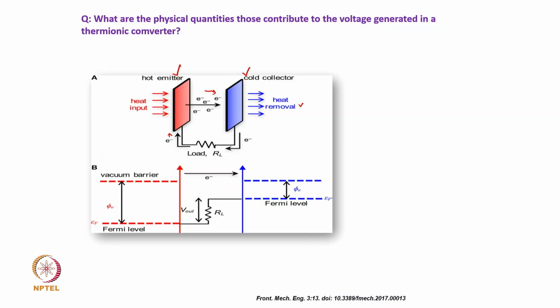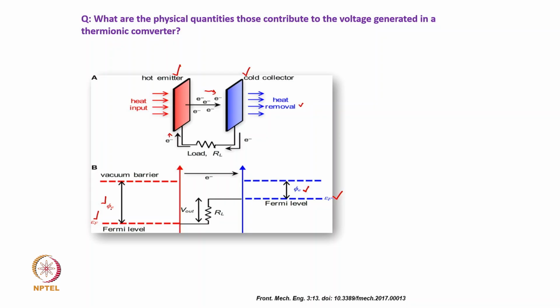If you look at that again in the energy scale, how can we define this particular phenomenon? This is the Fermi level of the emitter material and this is the Fermi level of the collector material, and this is the vacuum barrier. This is phi e, the work function of the emitter, and this is phi c, the work function of the collector.